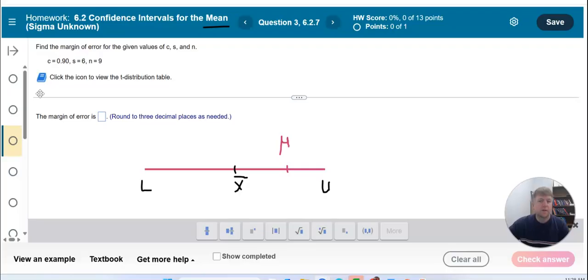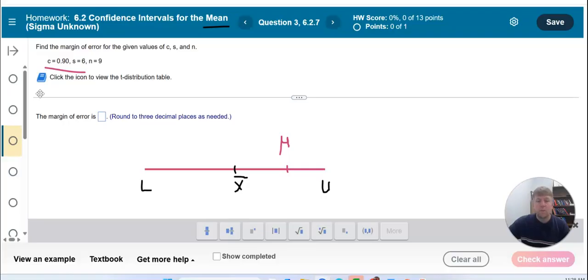But somewhere in this interval, we would find the population mean. And that's the whole idea of a confidence interval. How confident are we that the population mean is in this interval between this low number and this upper number? We are 90% confident. Okay. Or it could be 95% or 98% like we saw in the first examples. But that's just what a confidence interval is. It's just this idea that we have the population mean captured in there.